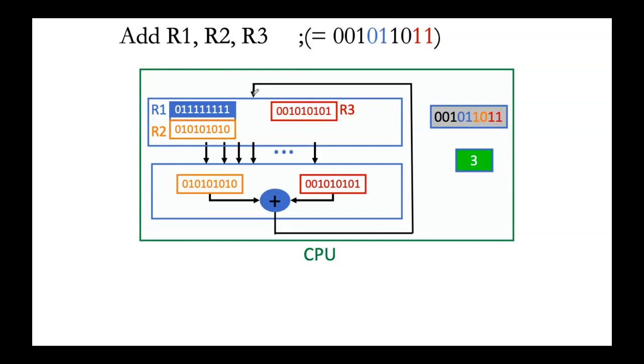So the operand of your R2 and the operand of your R3 are supplied to your ALU, and the result goes and is stored in the R1 register, which is available in the register file. So this entire part is your register file.